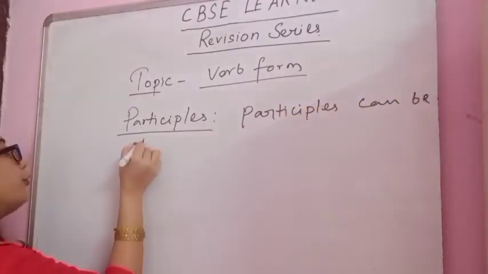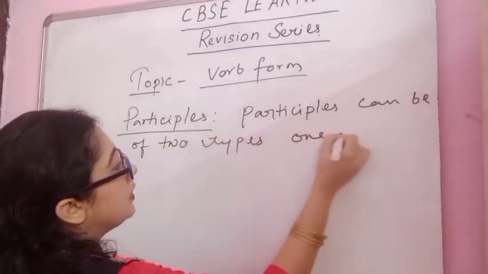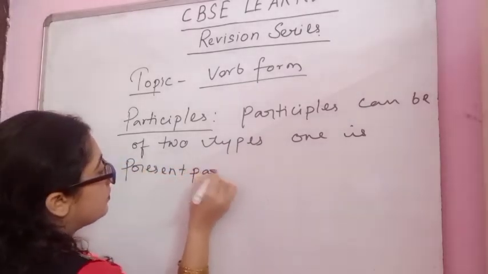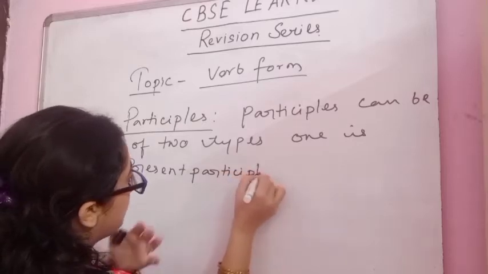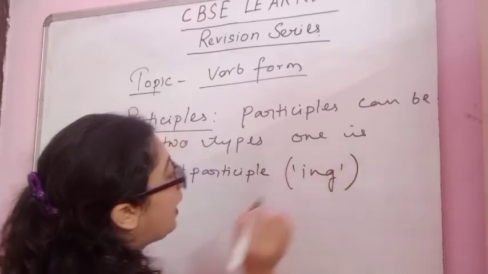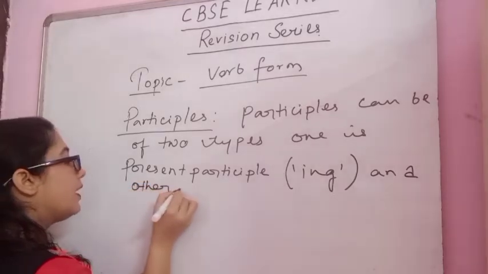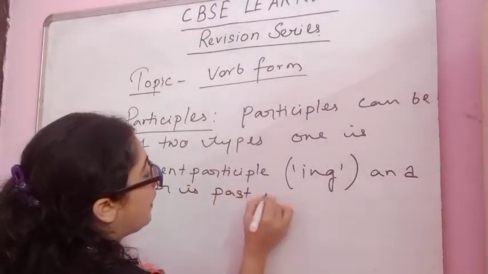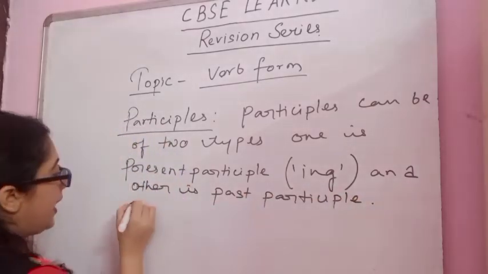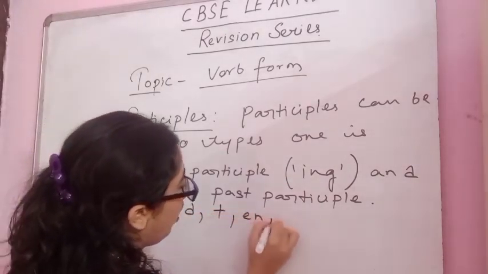The present participle is the ing word, where the verb will have ing with it, and the other is the past participle. Past participles will end with ed, d, t, en or n.